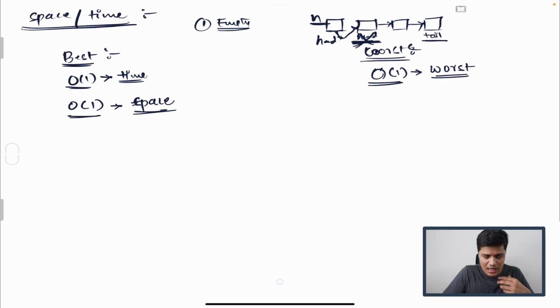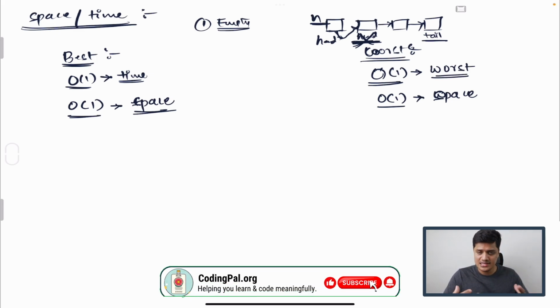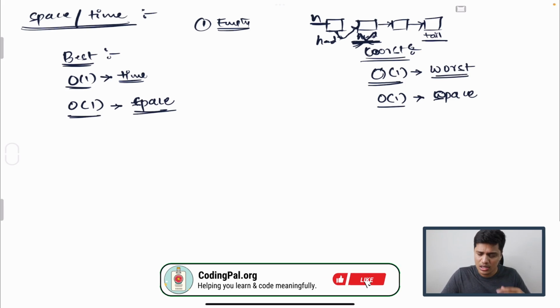That operation also takes a constant amount of memory. As a result, the overall space complexity is constant, that is order of 1, even in the worst case scenario. Okay, so that is how we calculate the time and space complexities involved in an unshift operation.